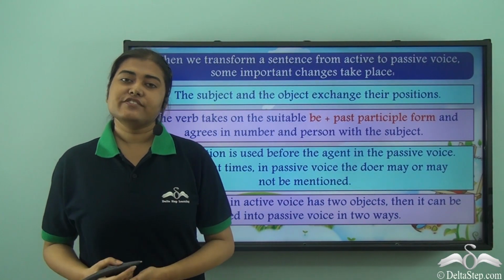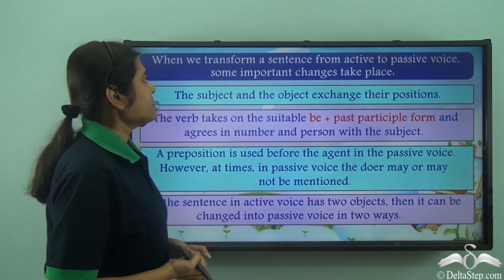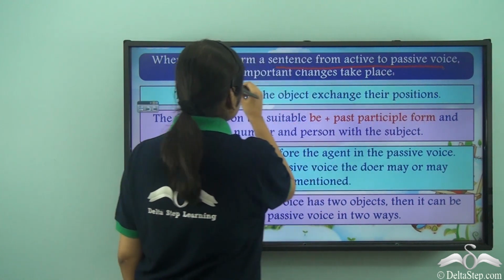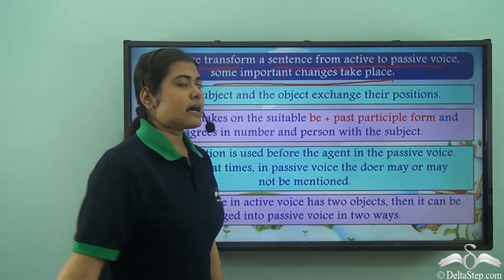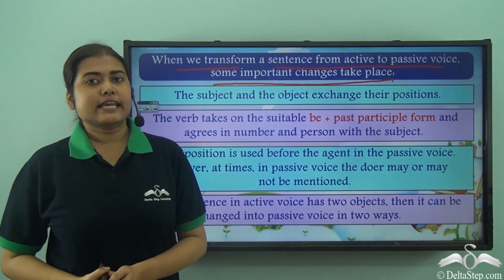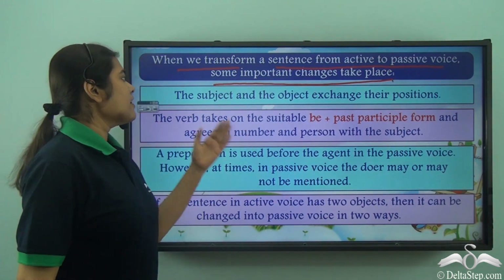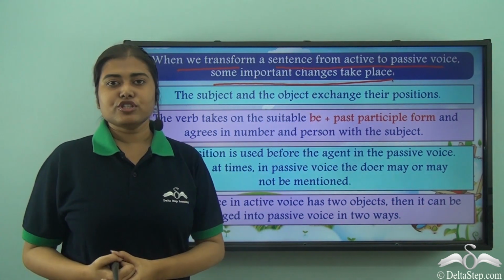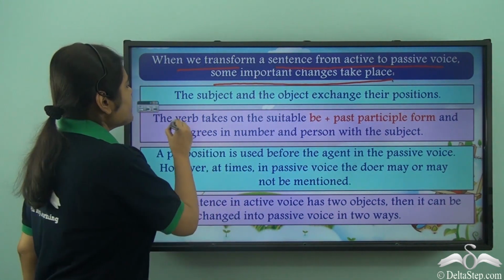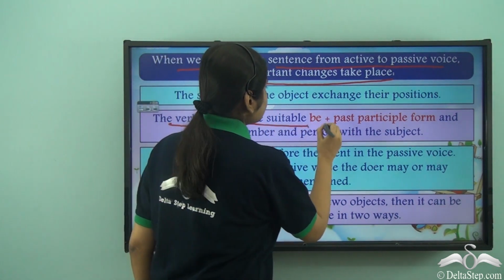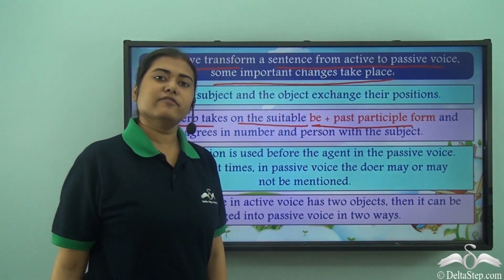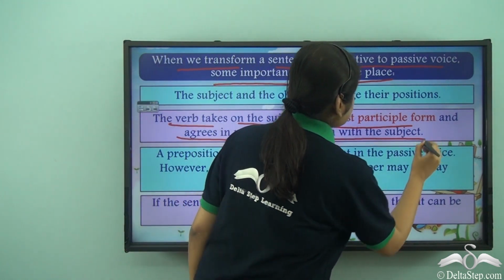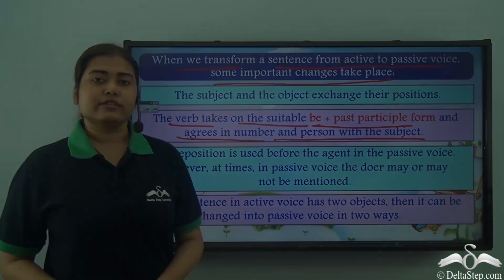So, what did we learn today? Today we have seen that when we transform a sentence from active voice to passive voice, some important changes take place. What are they? First, the subject and the object exchange their positions. Secondly, the verb takes on the suitable be plus past participle form and it also agrees in number and person with the subject.